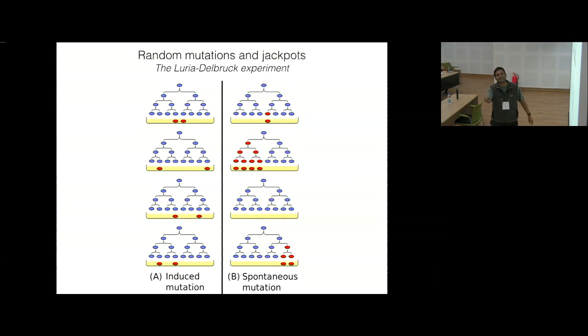So if you look at the statistics of the colonies that grow on these plates, you will expect to see plates where you have a lot of colonies growing, or jackpots, and some where you have nothing growing, right? And so just by looking at the statistics of these numbers of colonies, they inferred that there's spontaneous mutation in bacteria. Okay?